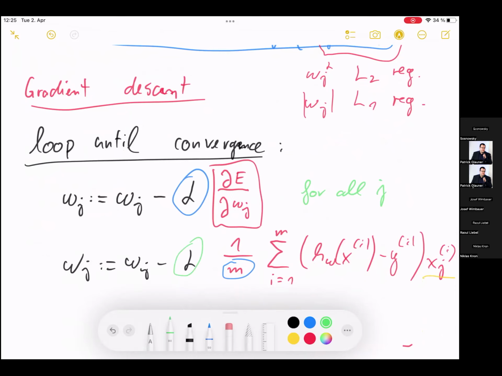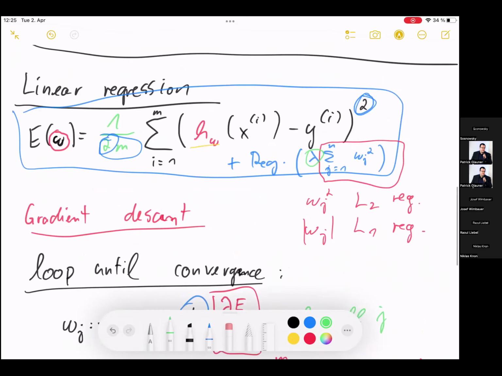Your learning rate alpha is how much you take the gradient, or this partial derivative, into account. And here we would say how much we take this regularization part into account. Typically, lambda is also a small value, like 0.1, 0.03, and you would find it experimentally.